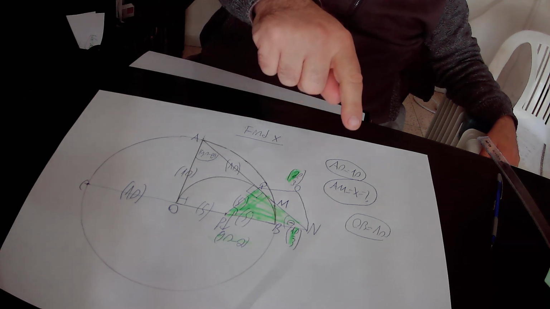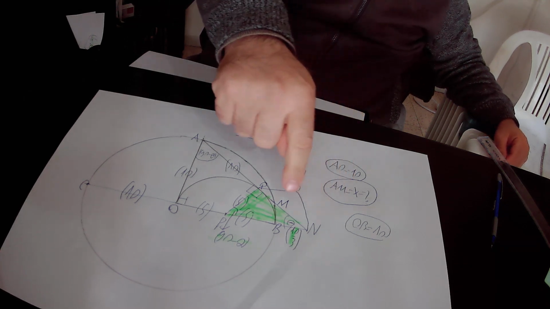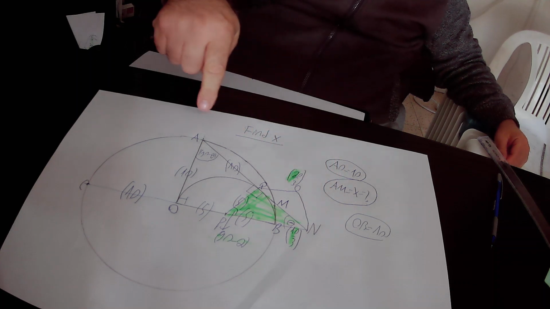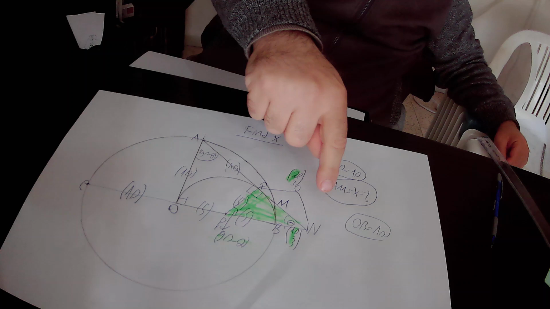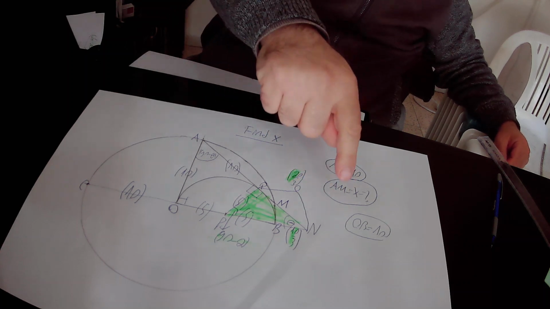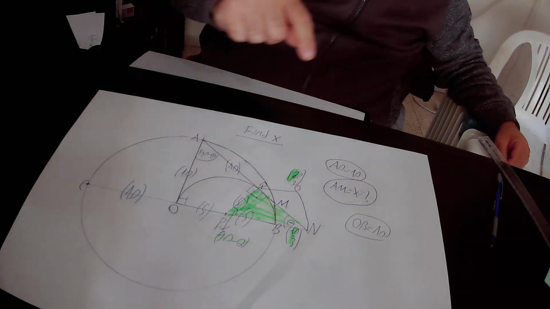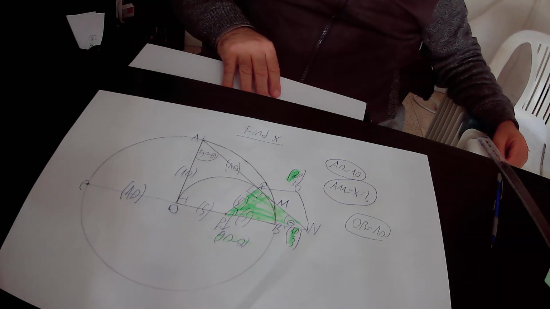According to rule number 14, NM times NA equals NB times NC. So I write it down.